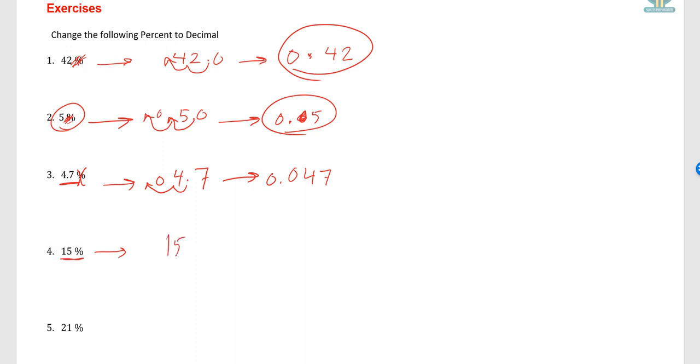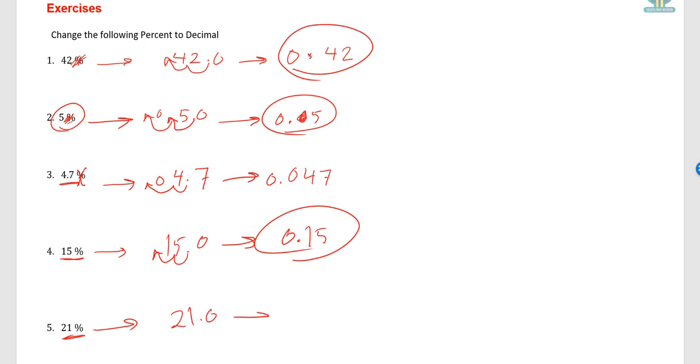So 15.0, so 0.15. 21%. 21.0, 0.21. Okay?